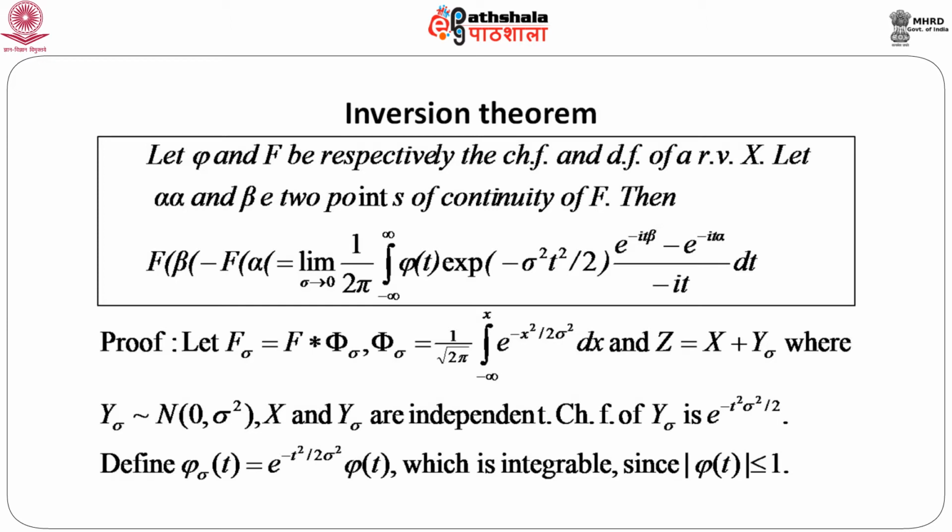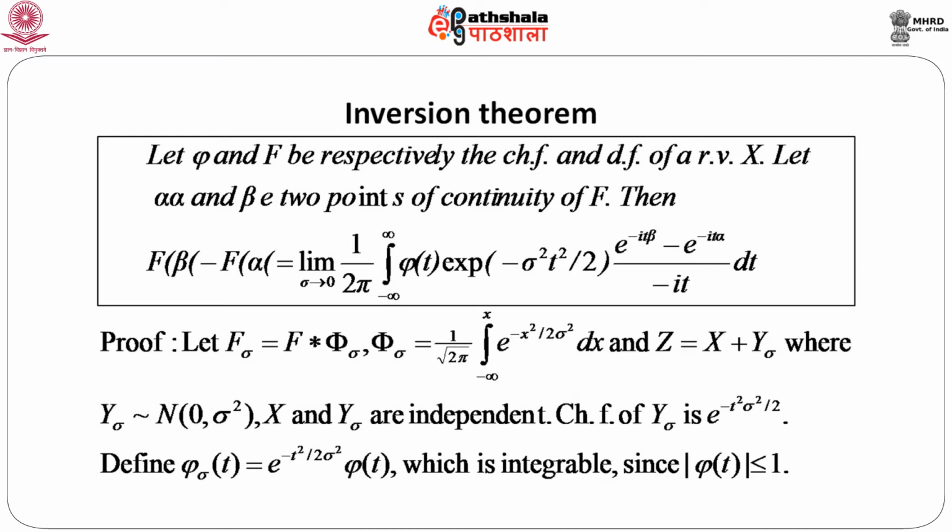And also consider two random variables, X and Y sigma, and define Z equals X plus Y sigma. X is our original random variable, and we take Y sigma to follow normal(0, sigma square), and we also assume that X and Y sigma are independently distributed.